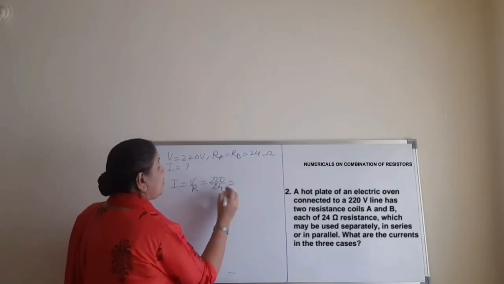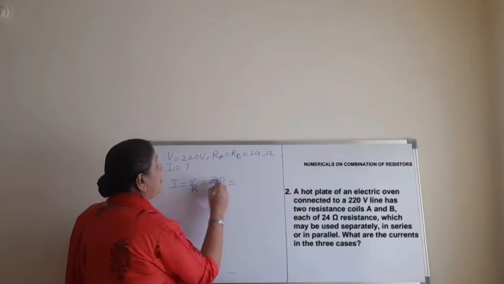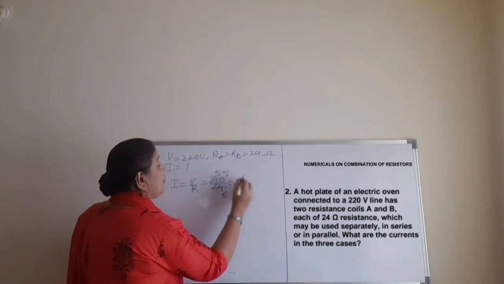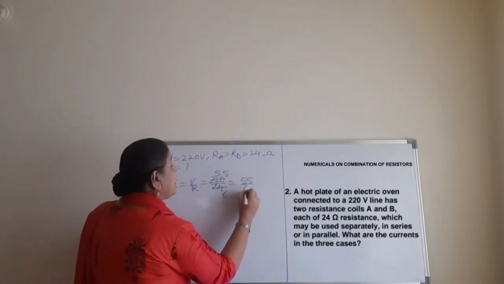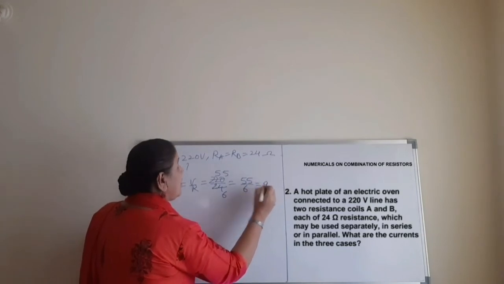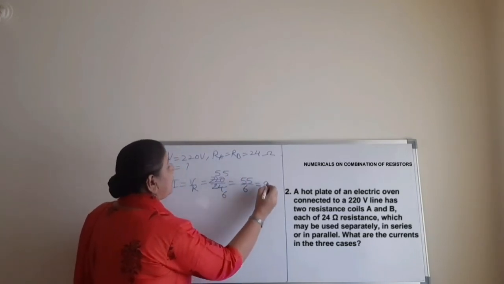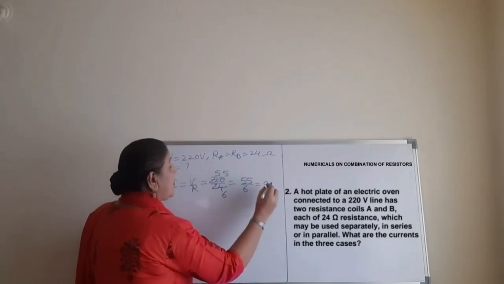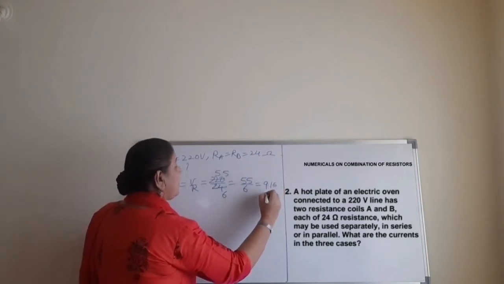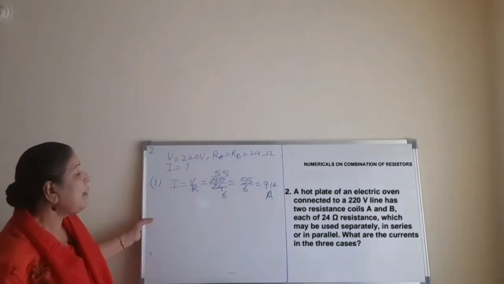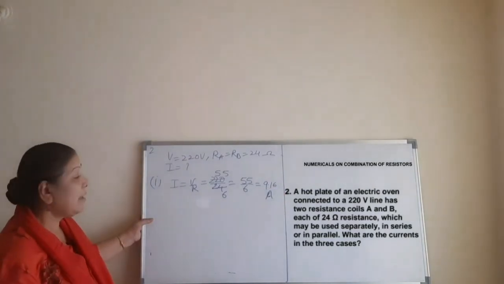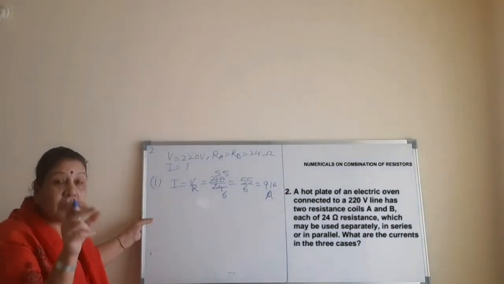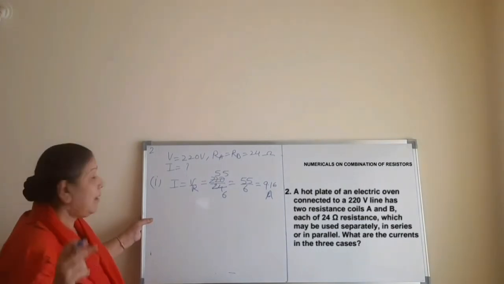So it will be equal to 55 by 6, which equals 9.16 ampere. In the first case, when the coil is individually connected.